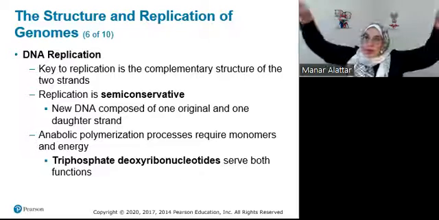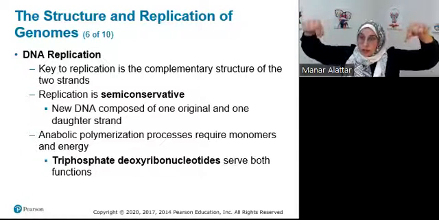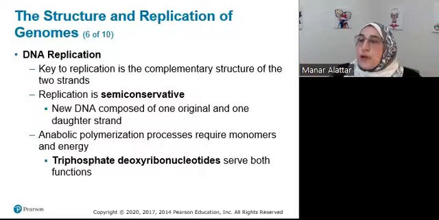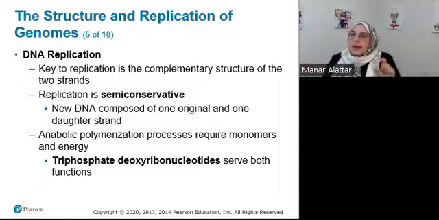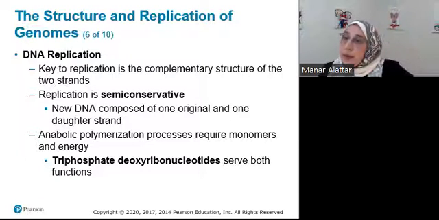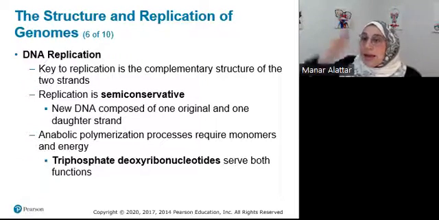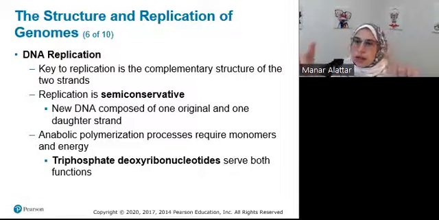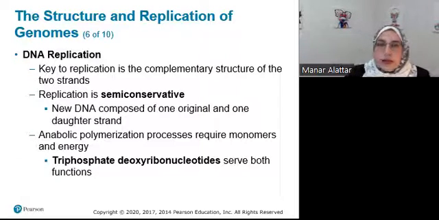And each one of those original strands of DNA can be used as a template for the new DNA. That's why it's called semi-conservative: it conserves one of the original strands, and then it makes a new secondary strand or daughter strand on top of it, versus just copying the double helix separately, right? And so it's semi-conservative in that way.